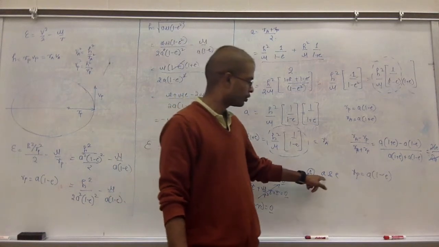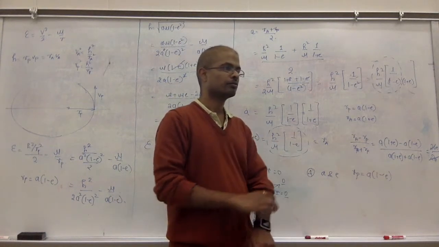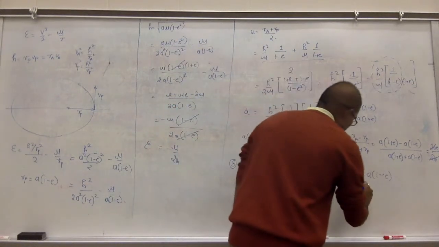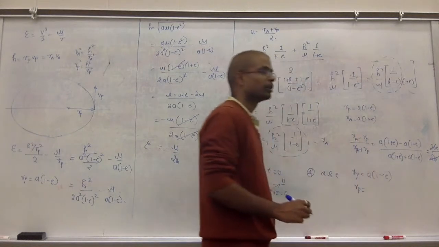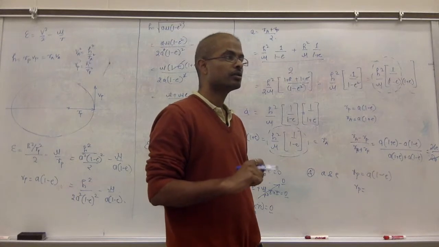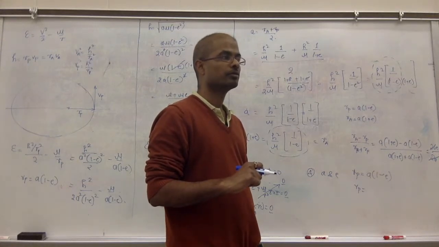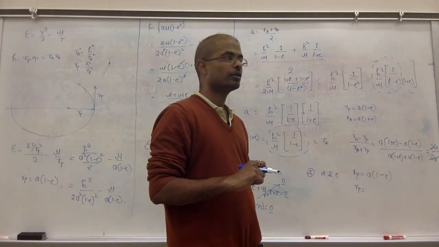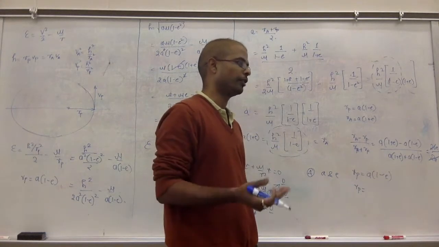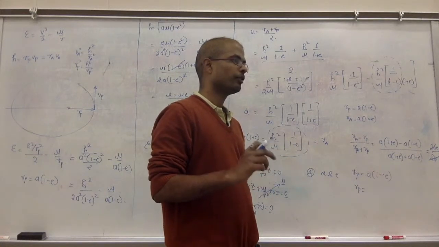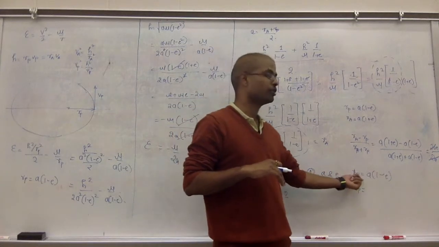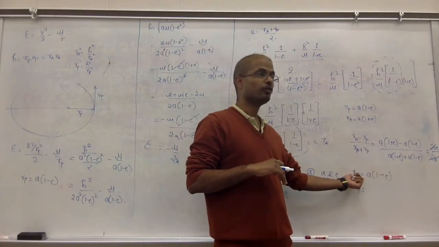You just have to substitute A and E. Once you get RP, it's the perigee radius, so that's the reason I gave you the radius of the earth. I asked you for altitude, which means I'm asking you the height. This gives you the radius, the perigee radius from the center of the earth.